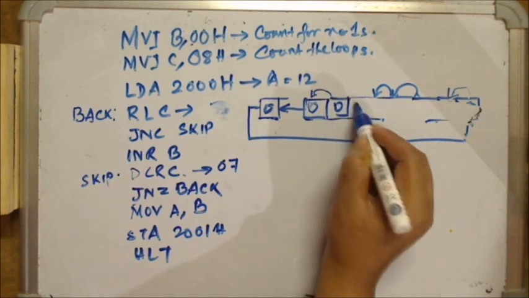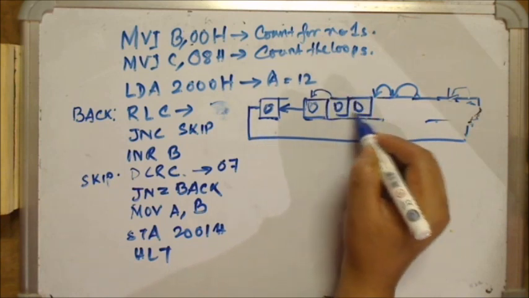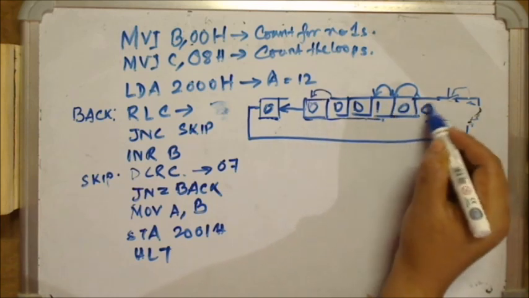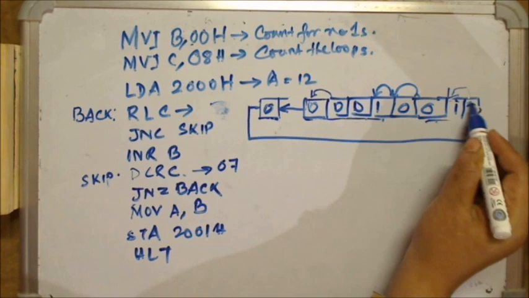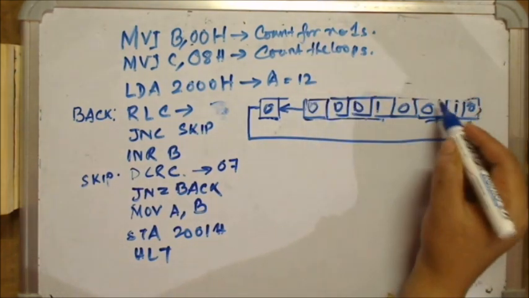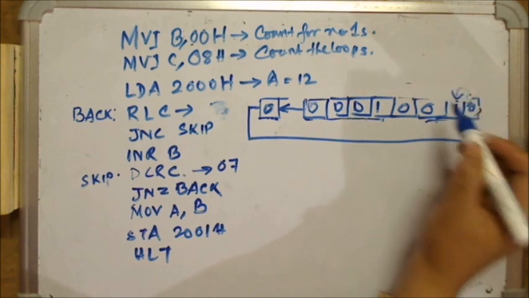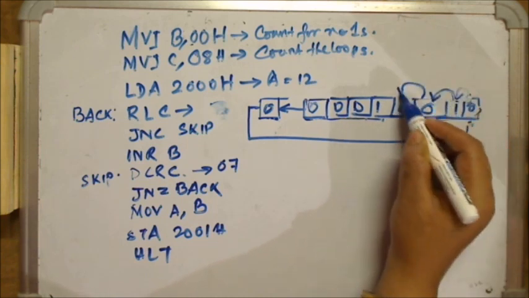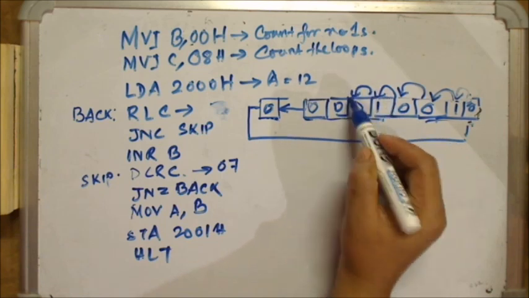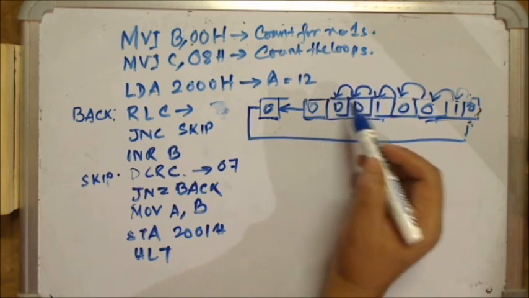0, 0, 1, 0, 1, 0, 0, 1, then 0. Okay. So during the first RLC, what happened? This 0 will go here, this 1 will go here, this 0 will go here, this 0 will go here, this 0 will go here, this 0 will go here.